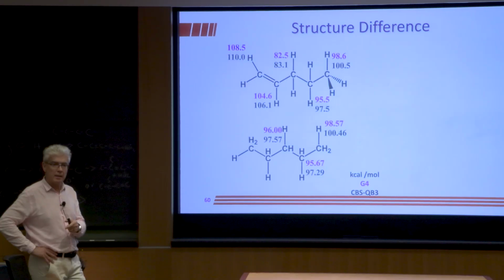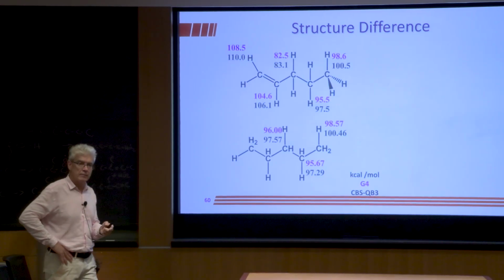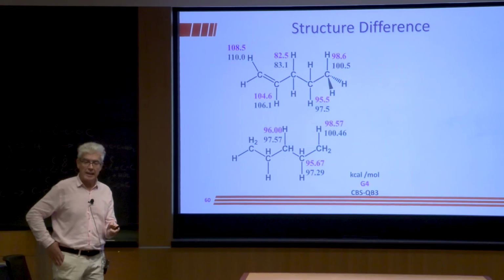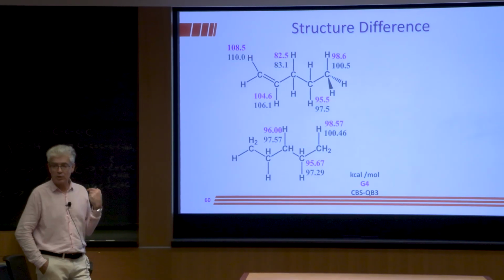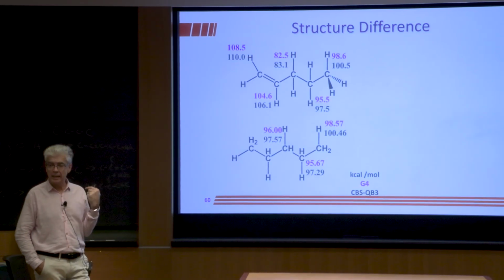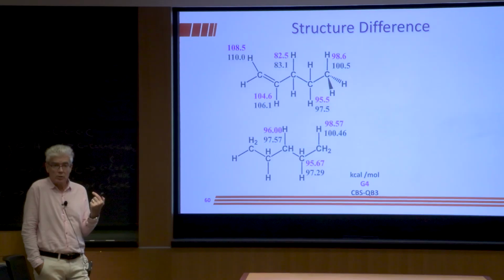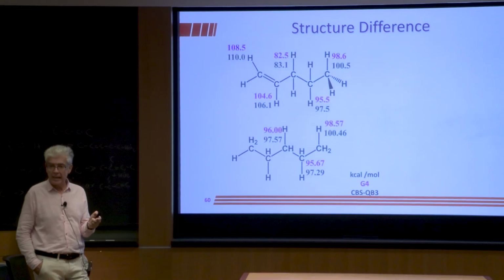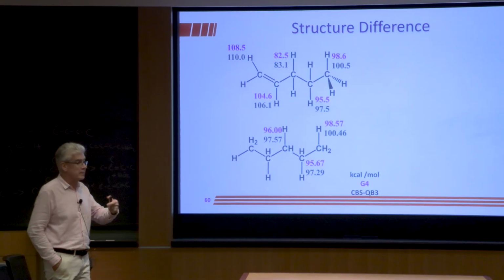Because the rate constant is going to be very sensitive to the activation energy, and the activation energy for abstraction of an allylic hydrogen atom is going to be way lower than that of an alkyl hydrogen atom, okay? Because of the bond strength.